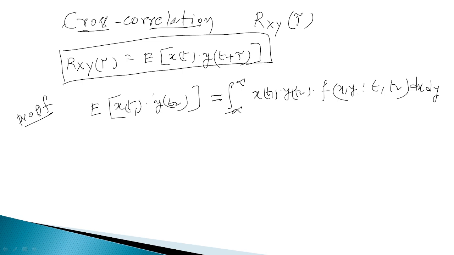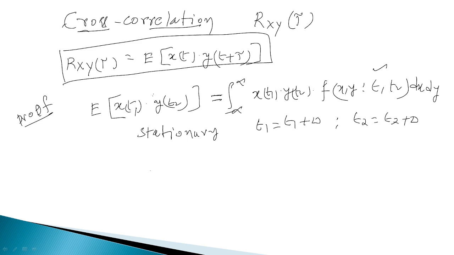Now if it is a stationary random process, you can write t1 as t1 plus delta, and similarly t2 as t2 plus delta.